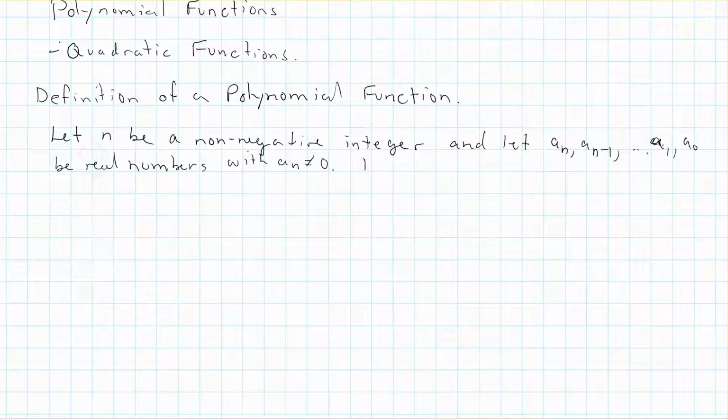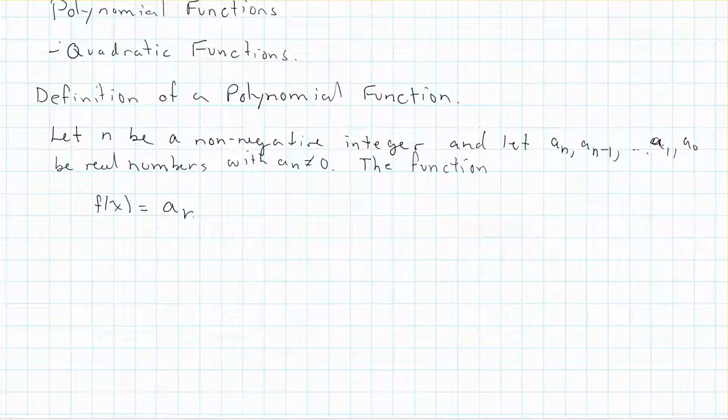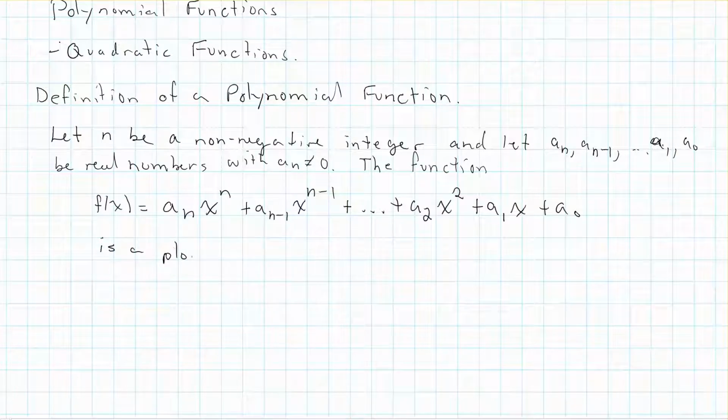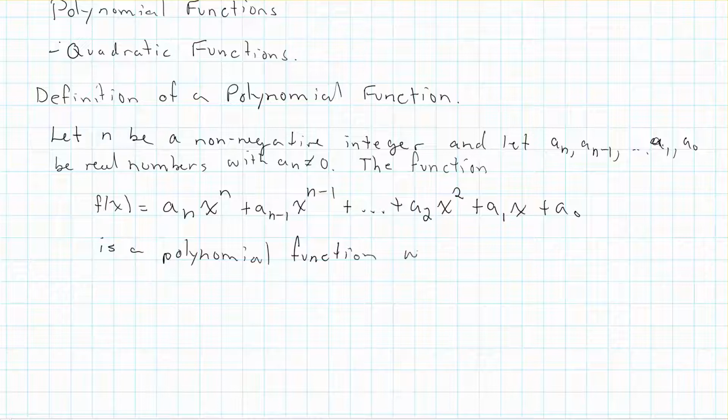So then the function f of x equals an x to the n plus a sub n minus 1 x to the n minus 1, plus we continue on the same pattern, a2 x squared plus a1 x plus a0 is a polynomial function with degree n.